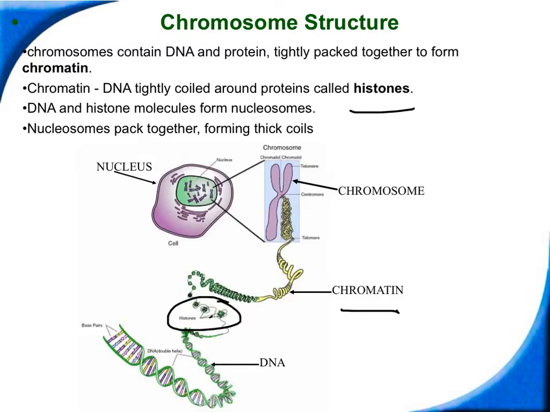When you have this DNA wrapped around histones, we call it a nucleosome. Down here we have just our DNA. It gets wrapped around a histone, becomes a nucleosome, these thick coils, which condenses into chromatin, which condenses even more into a chromosome, which will end up inside the nucleus.